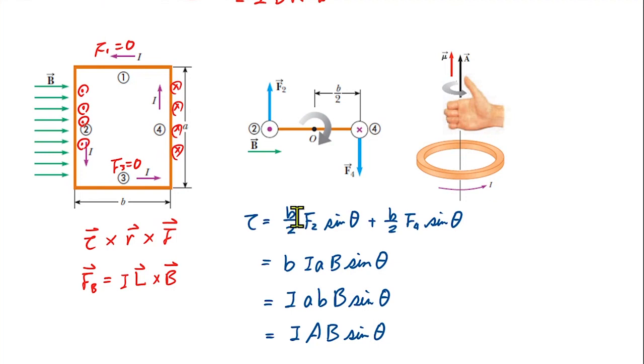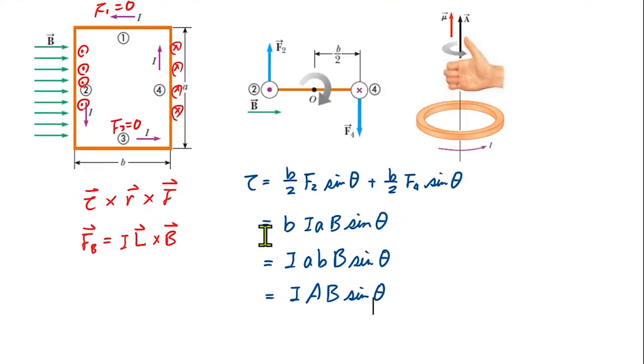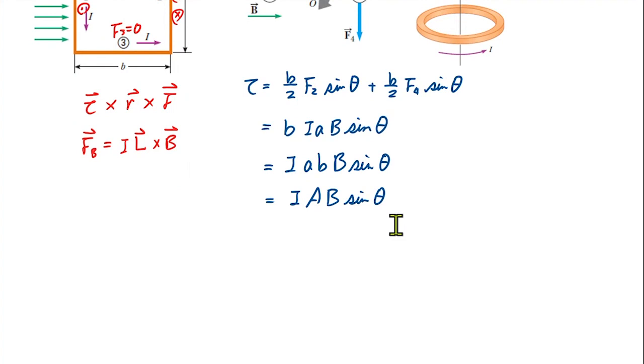Okay, now, remember these things are vectors, right? So one of the more convenient ways to express this is, I'm going to write it in red, the torque is a vector, by the way, is equal to I A cross B. Okay, we know what the direction of B is, but we don't know what the direction of the area is.